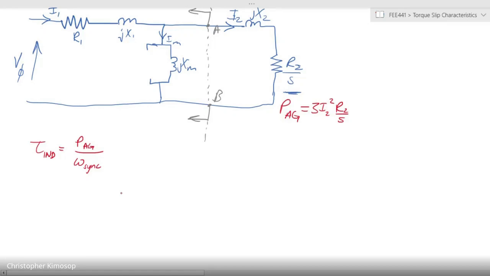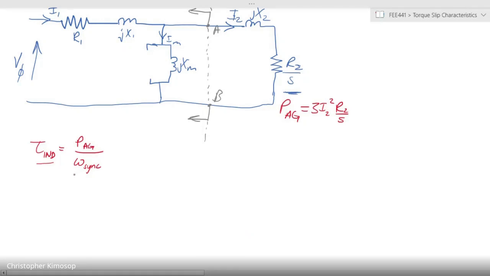Now, this implies that if we know the value of air gap power, we can know the value of the induced torque. Remember, the induced torque is the torque that is available at the rotor point. It's not yet converted, but it is available. It has crossed over from the stator to the rotor.